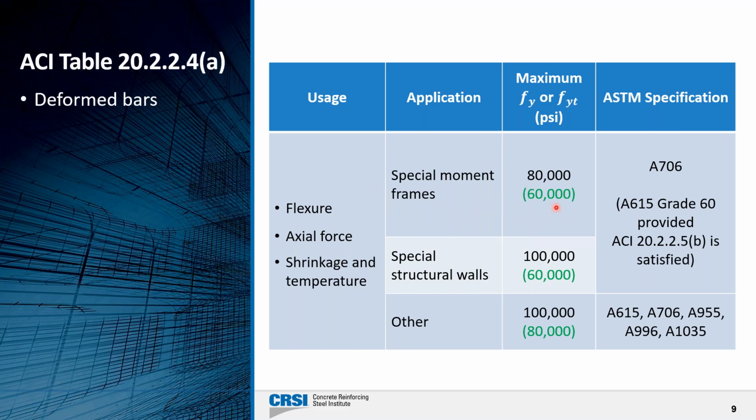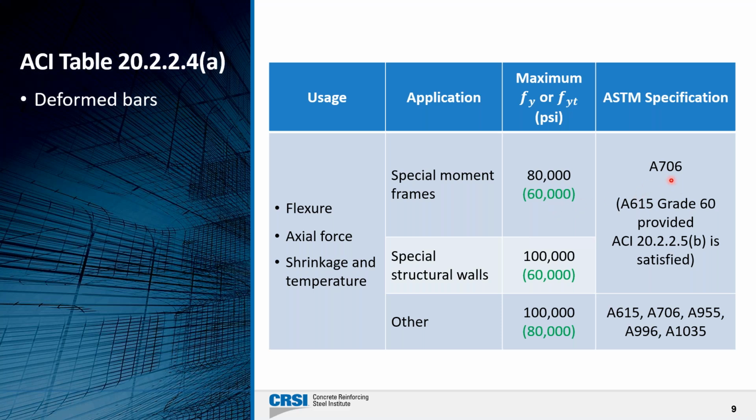What you see here below in green font in parentheses is the allowable f sub y, or f_yt, in this case would be f_y, that was in the previous edition of the code. So you can see we've had a nice increase in what's permitted for special moment frames.